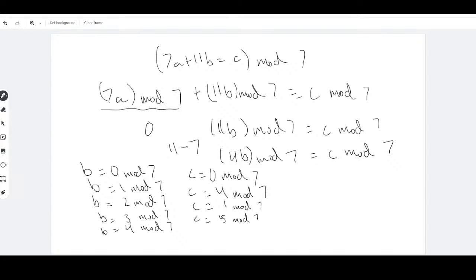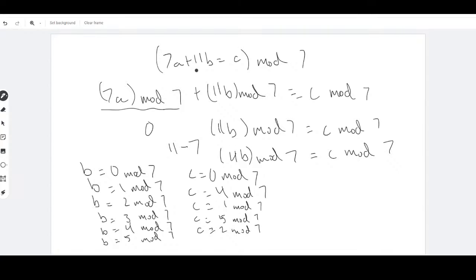So that would mean C would also have to be equal to 2 mod 7. And then if B was equal to 5 mod 7, then we would have 20 on the left side, and 20 mod 7 would be 6, right? Since 20 divided by 7 has a remainder of 6.